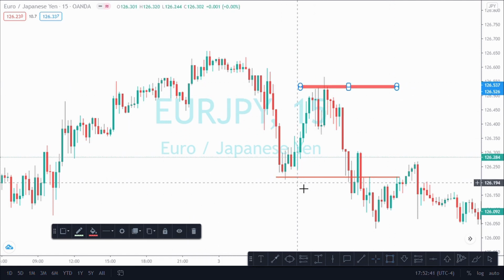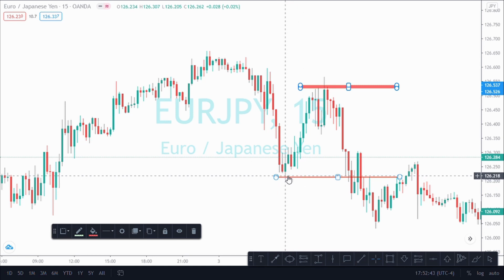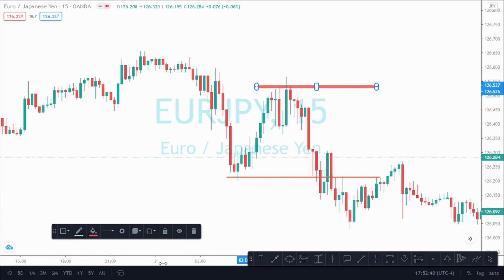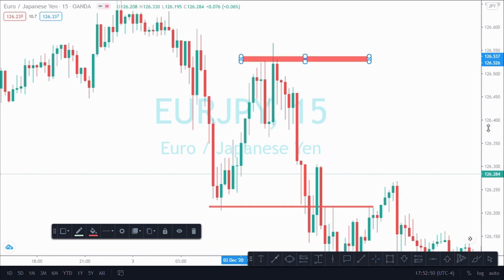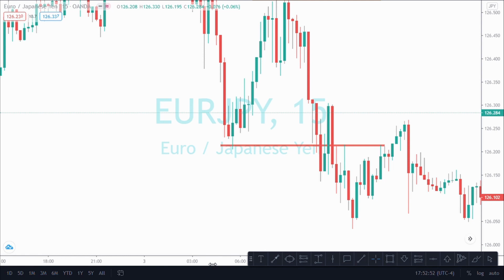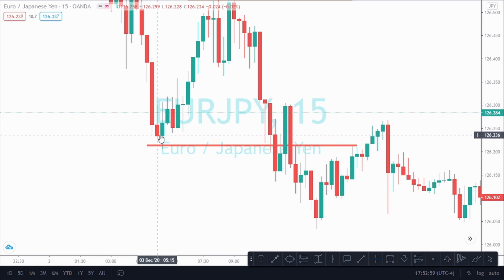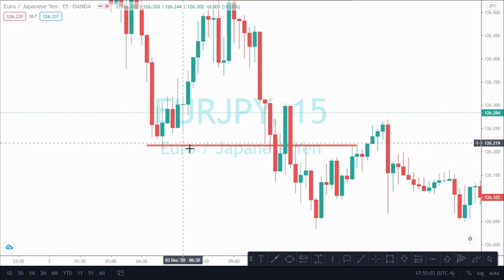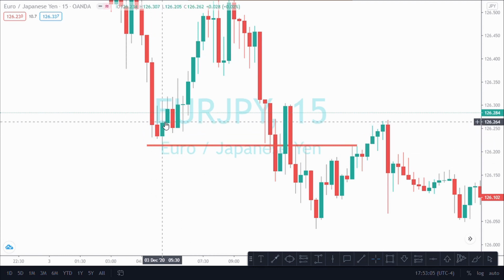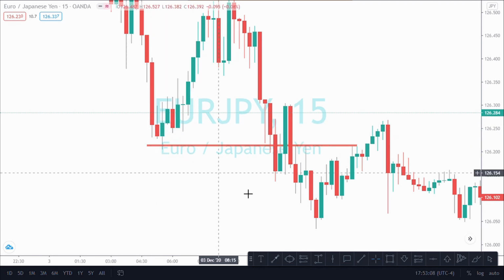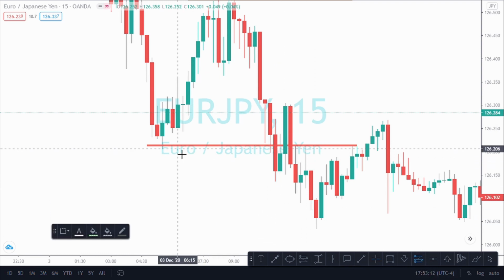So how we would find the bullish engulfing, if you remember exactly what I was talking about, is when the bullish candle covers all the move of the previous bearish candle. So how we would enter on this, we would allow the candle to finish, and after the candle is finished, we would then put in our buy order.